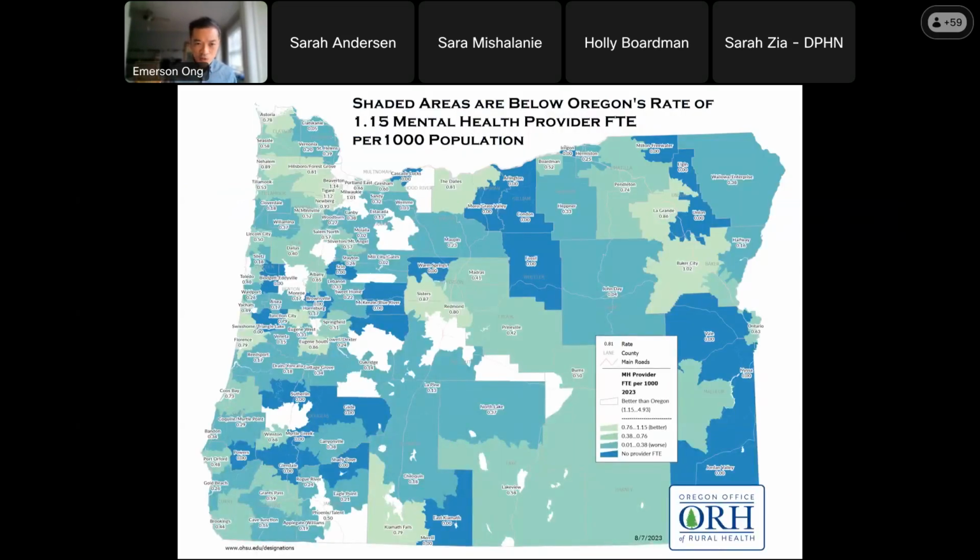For the state as a whole, there are 1.15 mental health provider FTE per 1,000. Most of them are located in urban areas, so basically everywhere else in the state has a rate that is worse than that. Areas in blue have no mental health provider FTE at all. So that would be Cascade Locks, Warm Springs, Fossil, Powers, East Klamath.